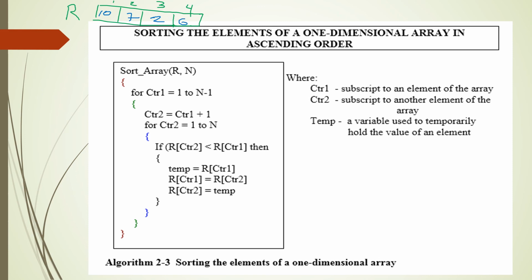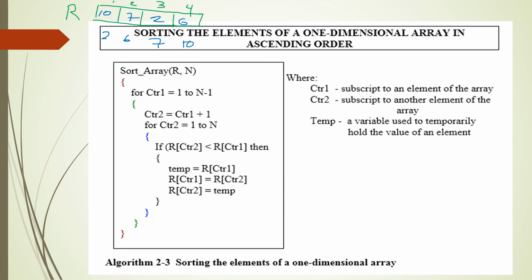Okay. So we're going to sort the elements in ascending manner. So that means that 10 will be written in the last, and then 2 will be in the first. So 2, 6, 7, 10.